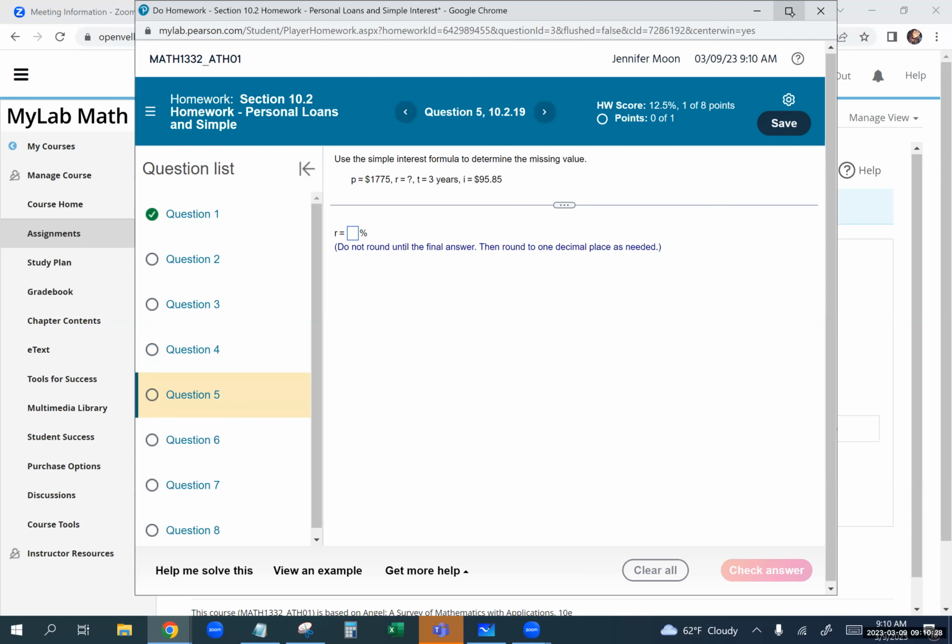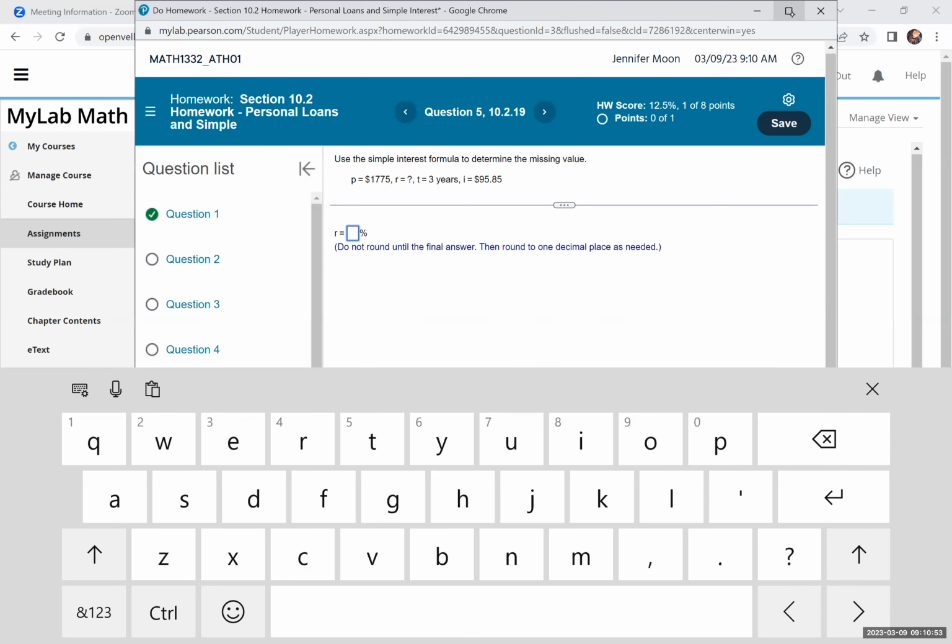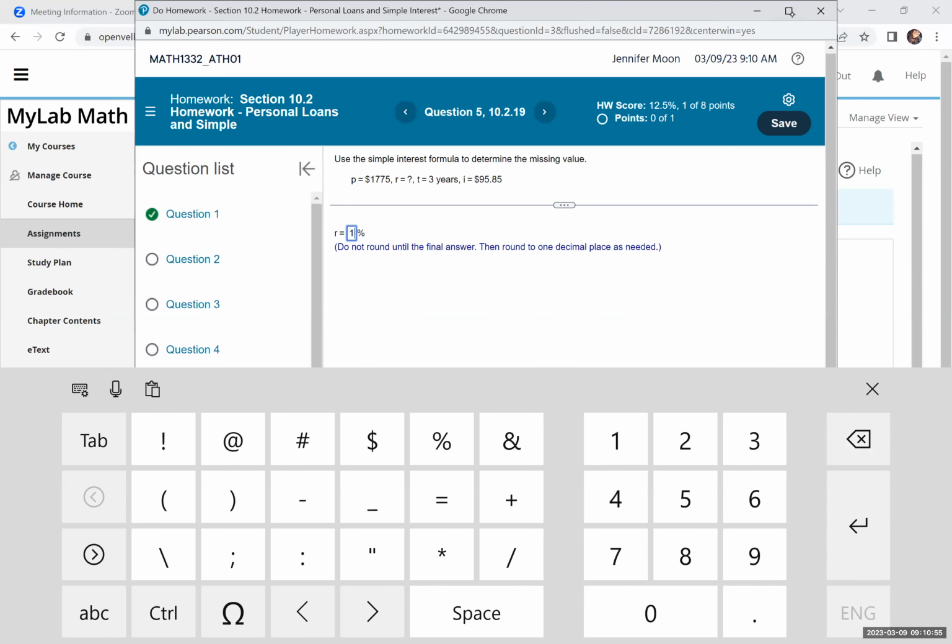So interest is 95.85, time, go down, 1775 open times 3. I get 0.018. That's as a decimal, so what I would do is 1.8.